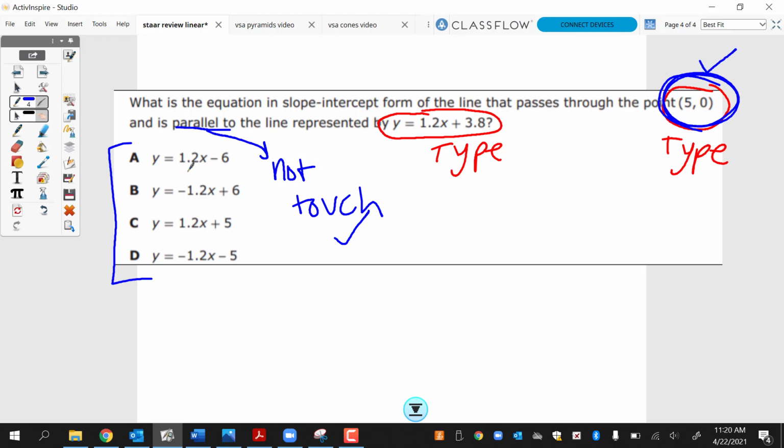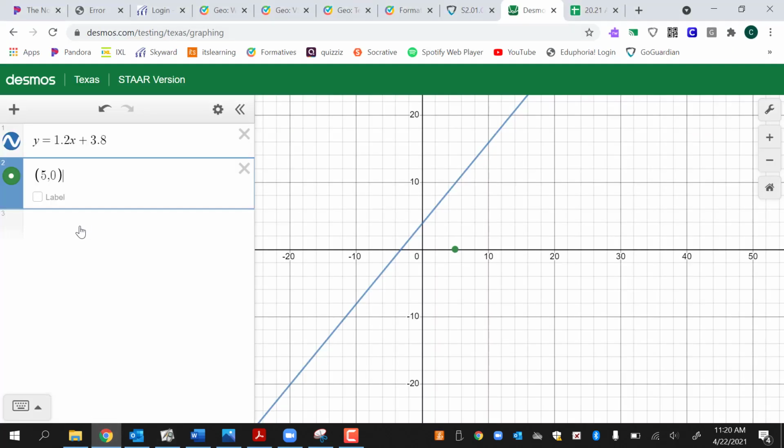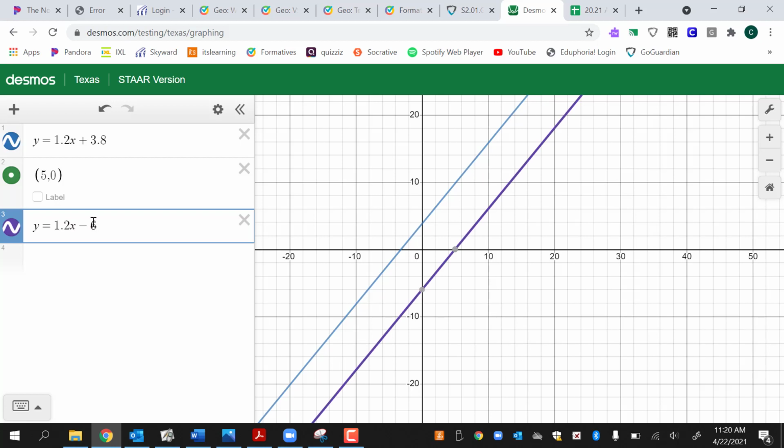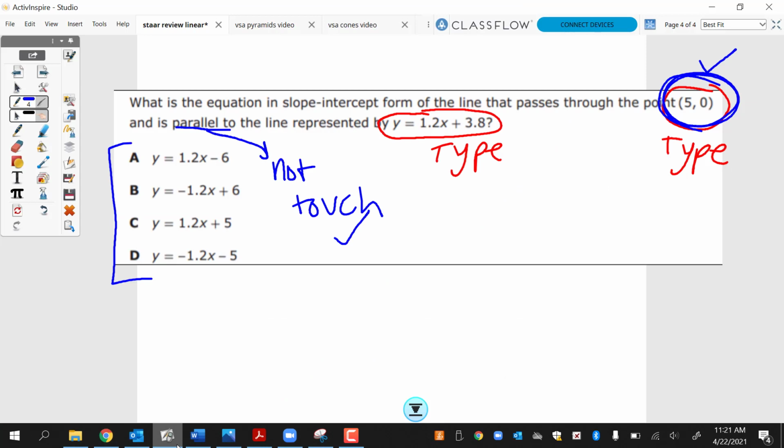So let's type in choice A, 1.2x minus 6. So down here, y equals 1.2x minus 6. I see that they're not touching. I see that it's going through my point 5, 0 over there. So that's a strong contender, although it is the first choice. So maybe I check the other ones to see what the wrong answers look like.